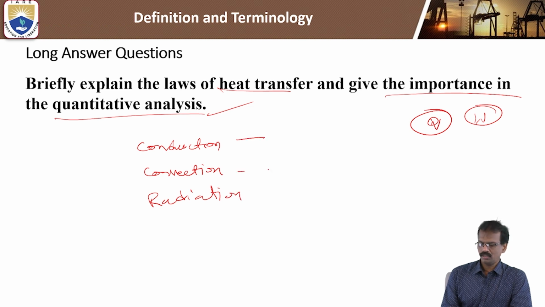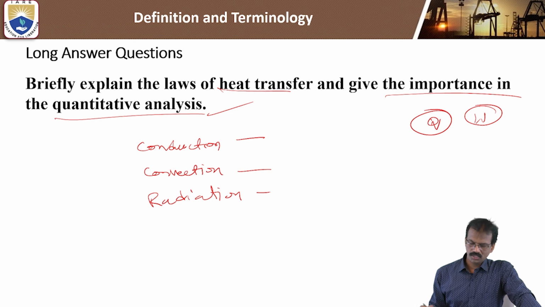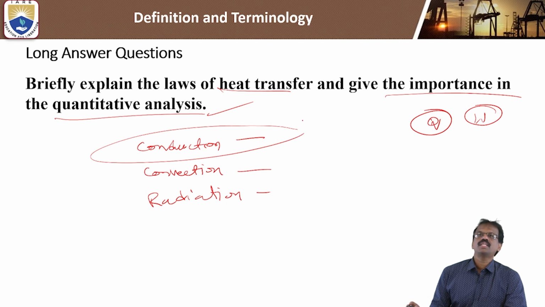We already explained this in previous classes also. Conduction occurs only in solids. Conduction occurs by two types of phenomena: one is lattice vibration, another one is the movement of free electrons. Here, conduction only takes place by the vibration of the particles, not the movement of the particles.